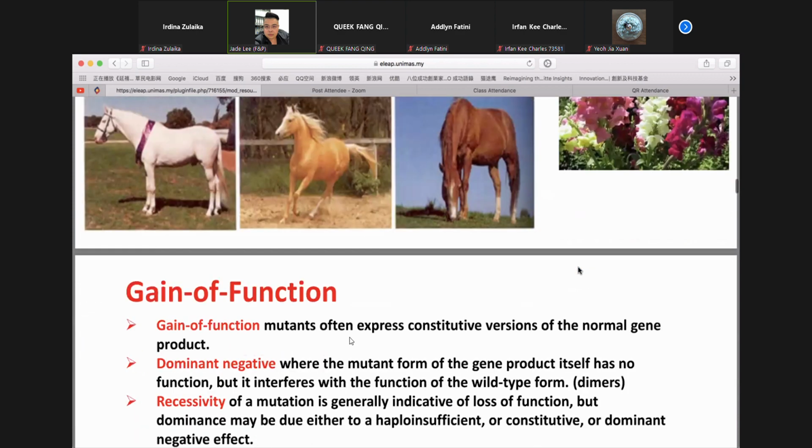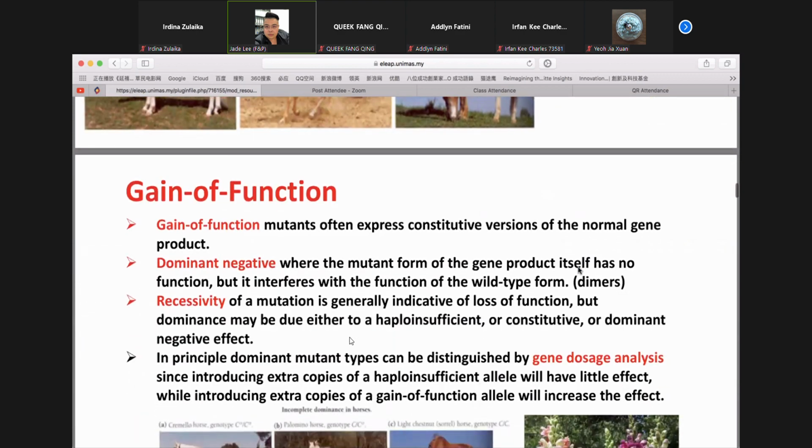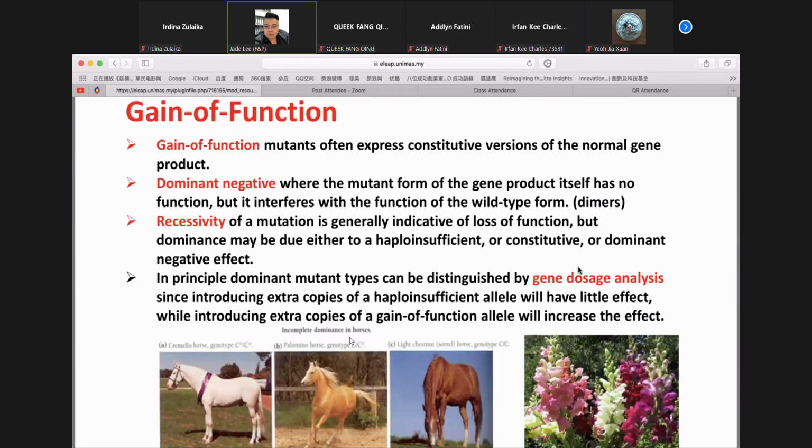Okay? Kalau kita tengok gain of function mutants often express constitutive versions of the normal gene product. Kalau kita tengok dominant negative, the mutant gene product itself has no function but interferes with the function of the wild type form, which forms the dimer. So the recessivity of the mutants generally indicates loss of function, but the dominant may be due either to haploinsufficiency or constitutive or dominant negative effect.